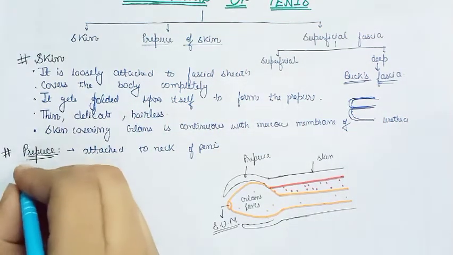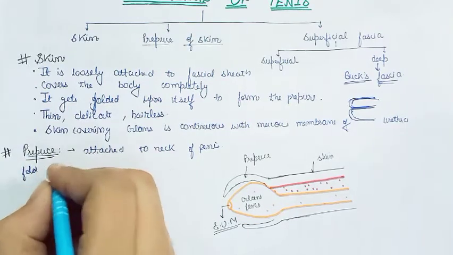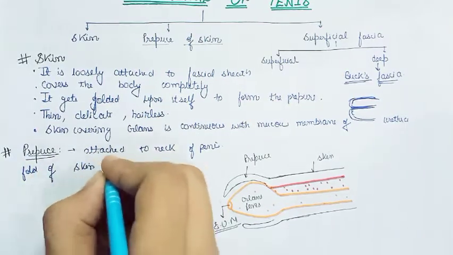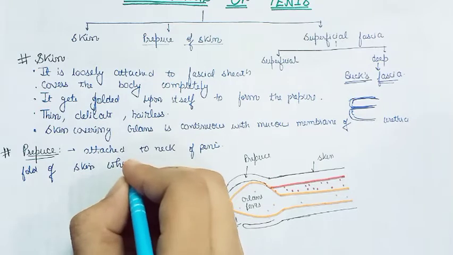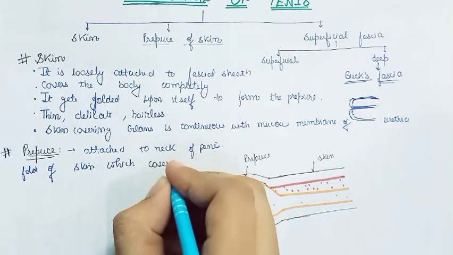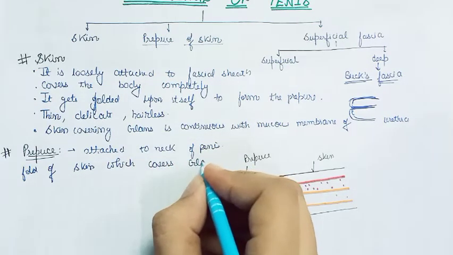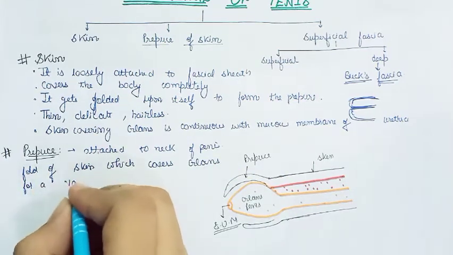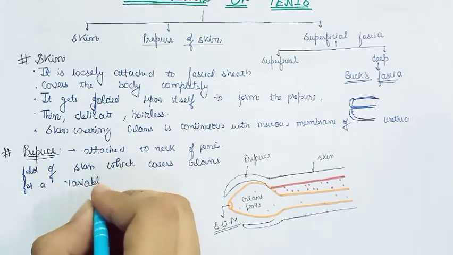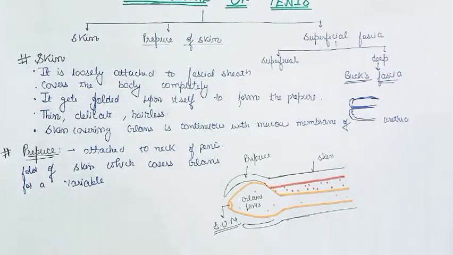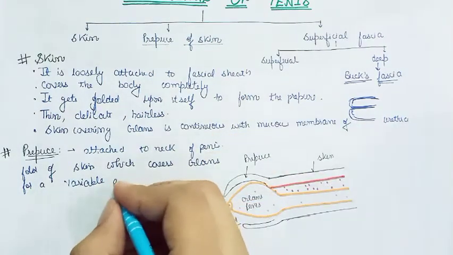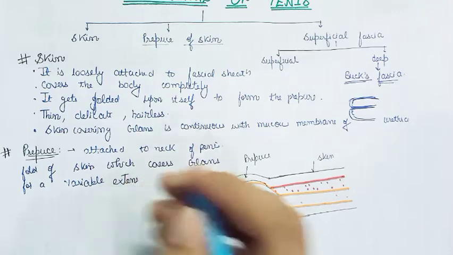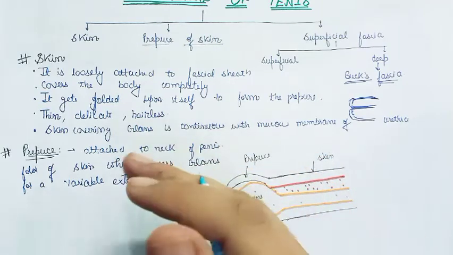So it is a fold of skin which covers the glans for a variable extent. What do you mean by the variable extent?